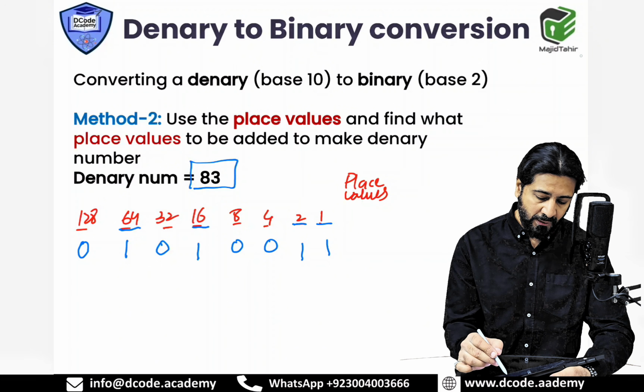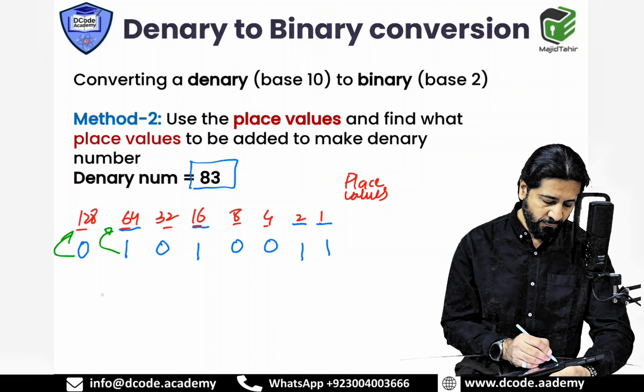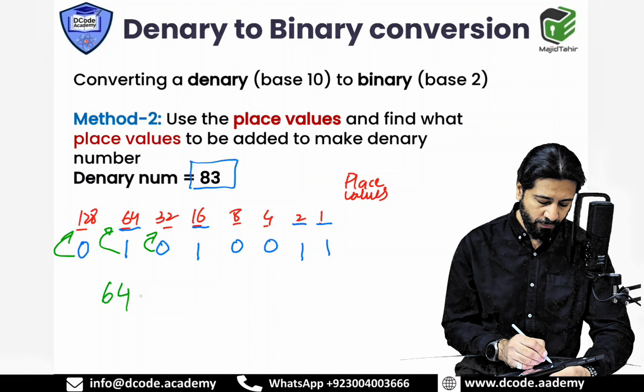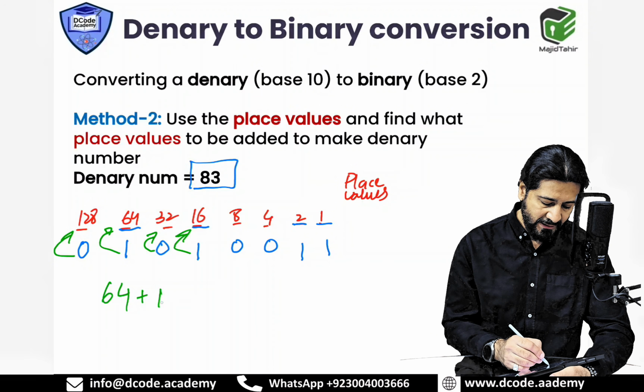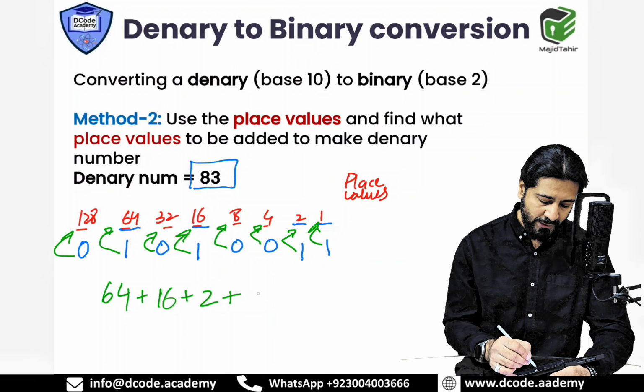Now if you want to convert it back, you can see that 0 multiplied by 128 gives 0, no problem. 1 into 64 gives 64. Again, 0 into 32 is going to be 0, you can skip it. 1 into 16 gives 16. Again, 0 into 8 is going to be 0, you can skip it. 0 into 4 gives 0, you can skip it also. 1 into 2 is going to be 2 and 1 into 1 is going to be 1.